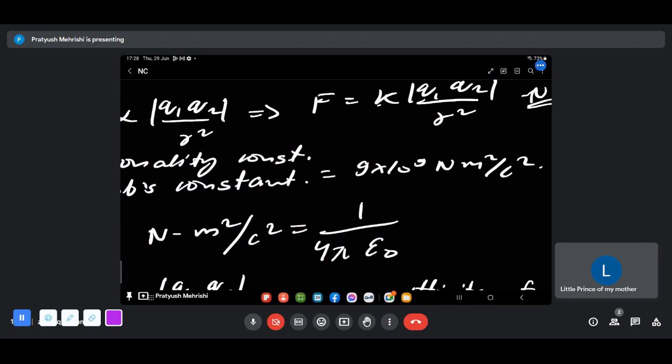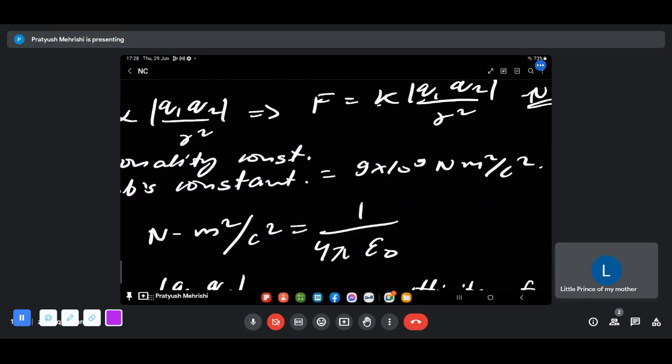It is a constant of proportionality, and it has a proper name. It is the permittivity of free space.